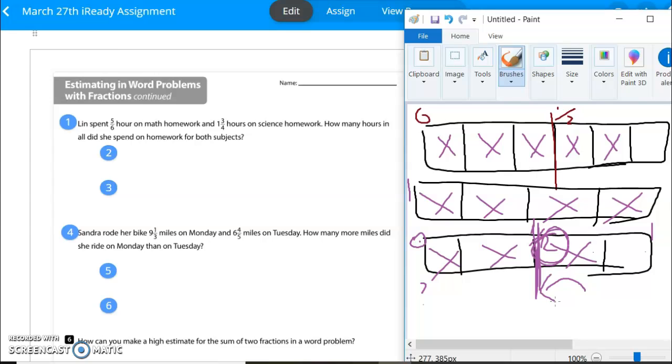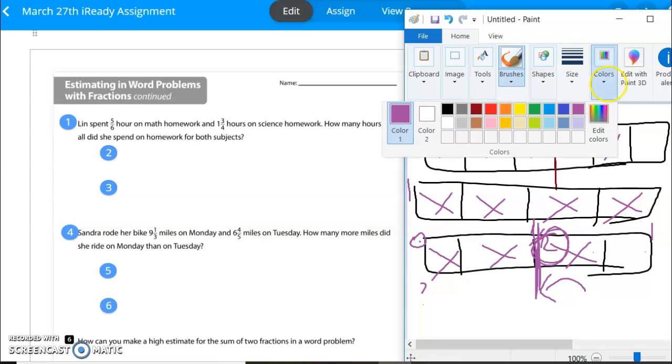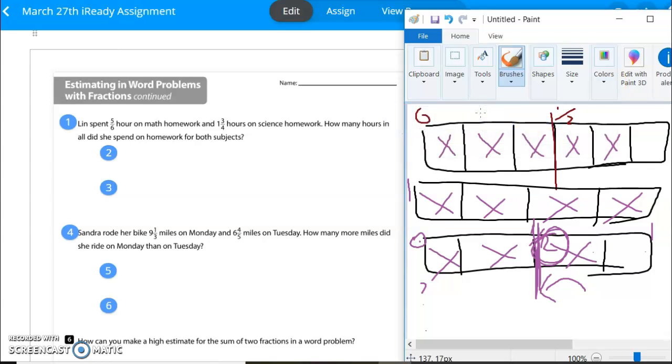Got it? So now you have your estimate for this first problem. And you've got this estimate for the second problem. Don't forget the 1 part. And then you need to come up with the total estimate. So this is 1.